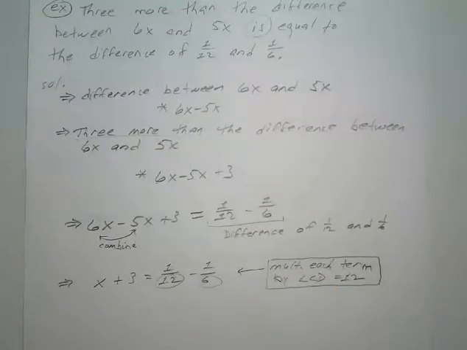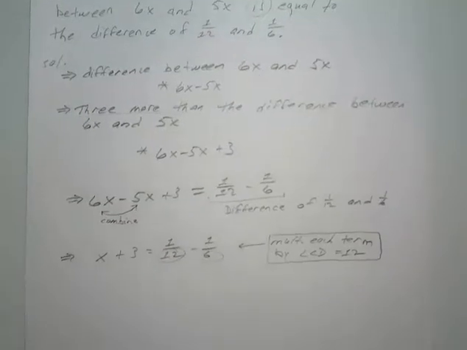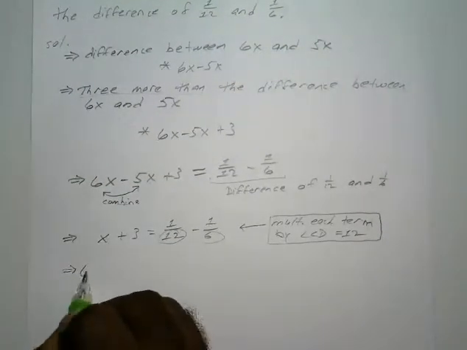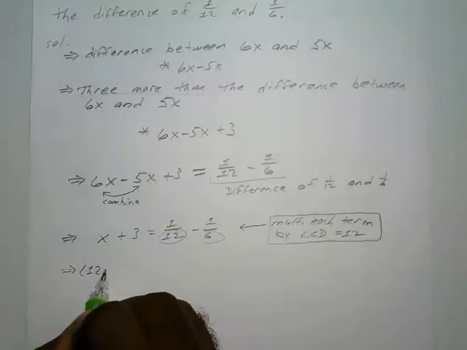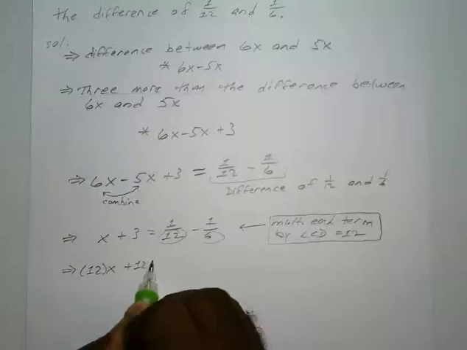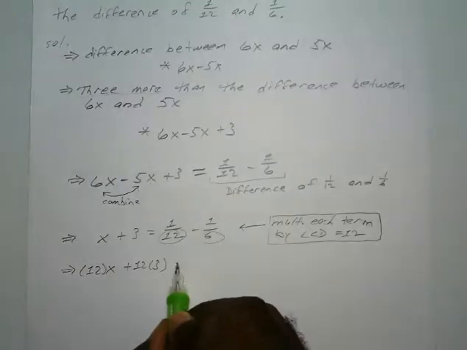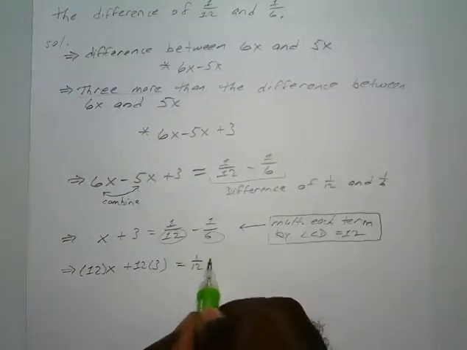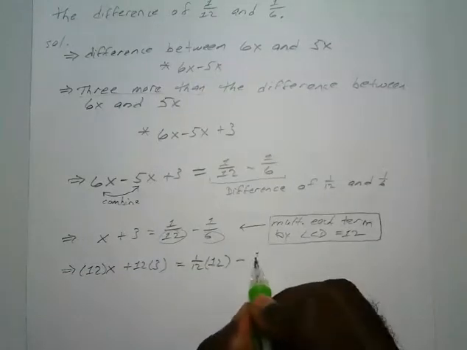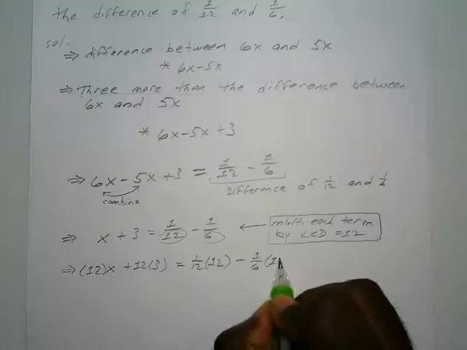Okay, so if we multiply each term by 12, we have 12 times x plus 12 times 3 equals 1 over 12 times 12 minus 1 over 6 times 12.